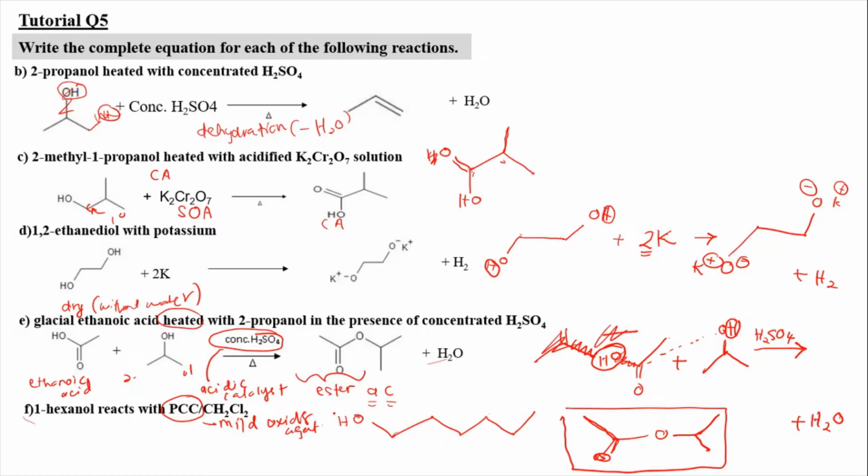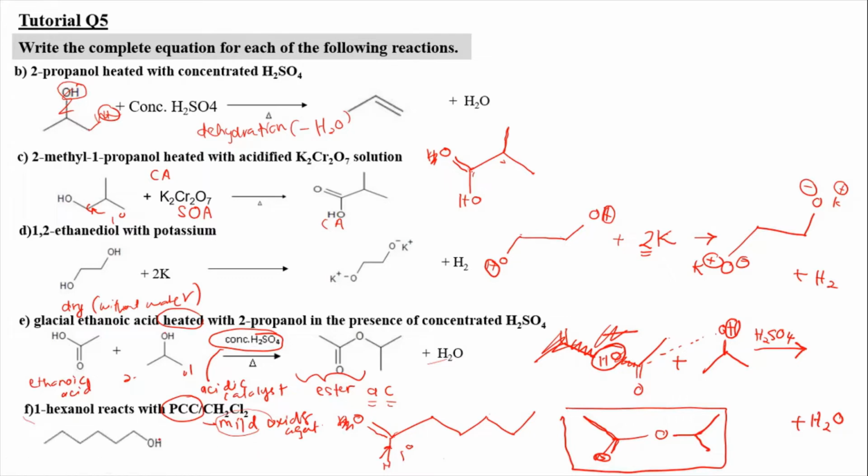So this 1-hexanol is known as a primary alcohol. When a primary alcohol reacts with a mild oxidizing agent, we're going to form an aldehyde. So at the end, what you're going to get is a double bond O and hydrogen on this side here, which is an aldehyde. So the name is going to be hexaldehyde.